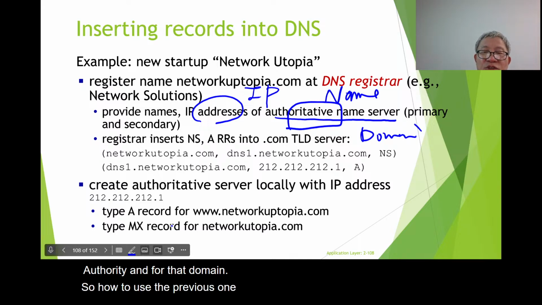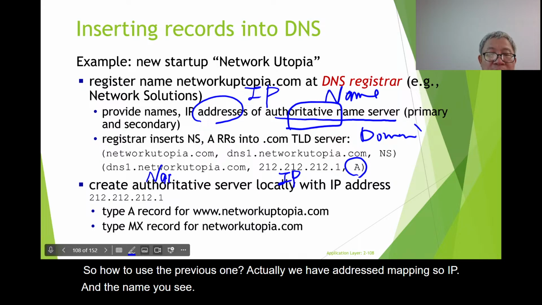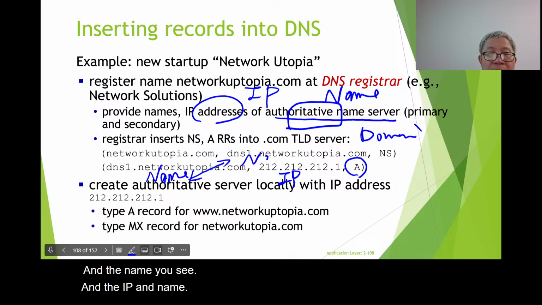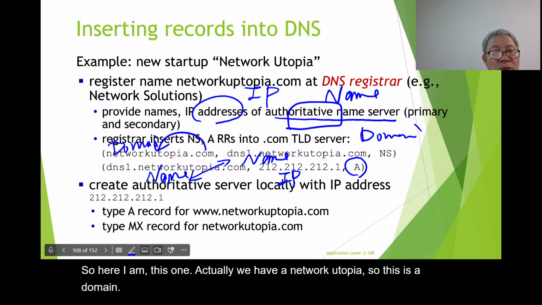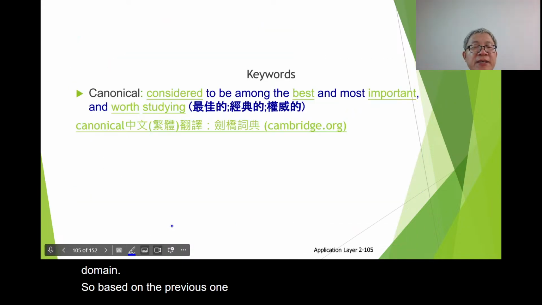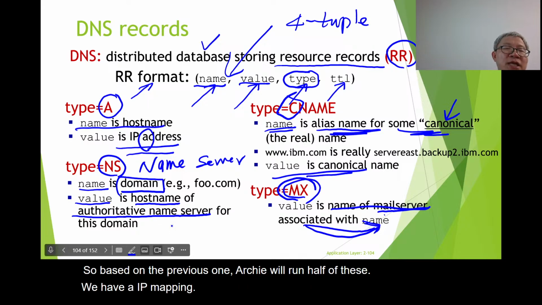Actually, we have address mapping, IP and name. Here the name, in this one, is network utopia, so this is a domain. Based on the previous records, we will have an IP mapping to the name.